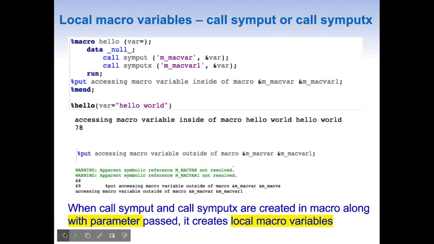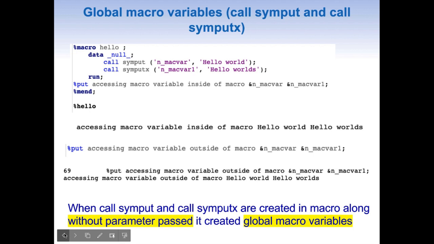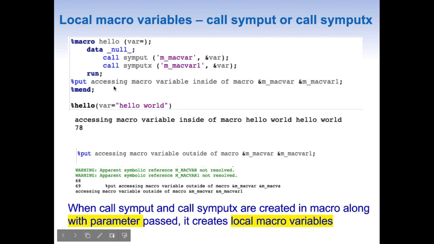To reiterate the whole thing in one line: whenever you do not have any parameter, call symputx or call symput will create global macro variables. Whenever you have a parameter, it is going to create a local macro variable. The reason, as I have already discussed, is that call symput and call symputx cannot by themselves create a local symbol table for that macro, so they need help from a parameter.